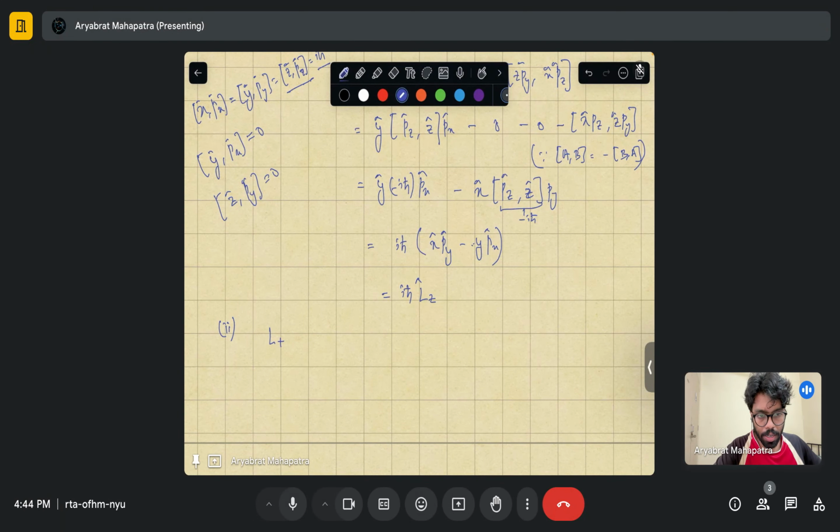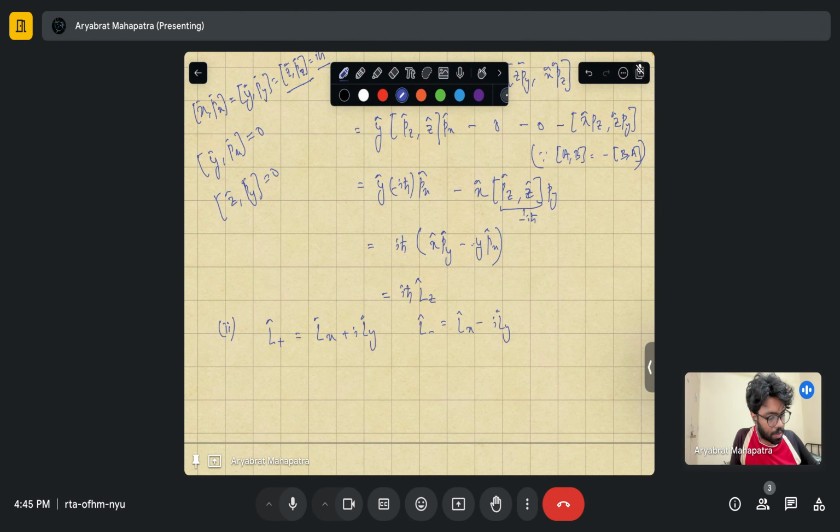They can raise a state upon acting with the raising operator, and they lower the state upon acting with the lowering operator. And here also in angular momentum you have the L plus and L minus operators. L plus is your raising operator, defined this way, and in the same way you have a lowering operator that is defined in this way.